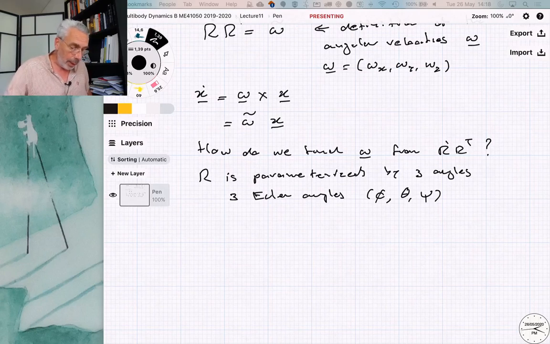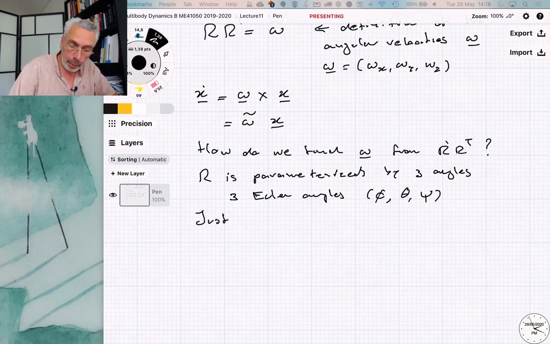Okay, how do we get now the omegas from this matrix? The omegas from the R dot R transpose. Well, I think it's just hard work. Because remember that the R is just these three parameters.